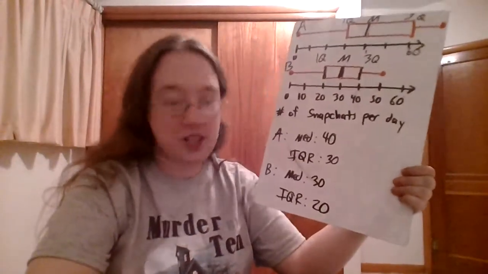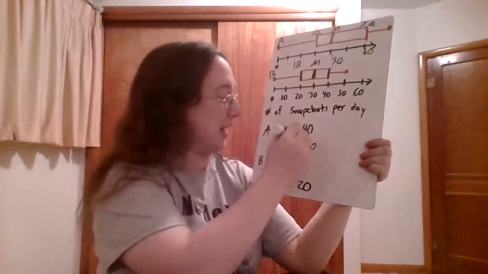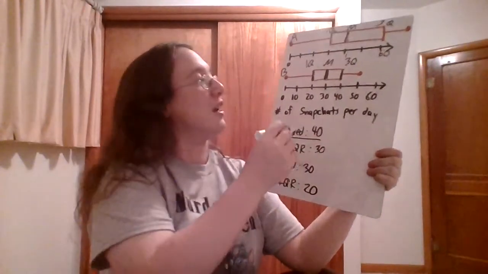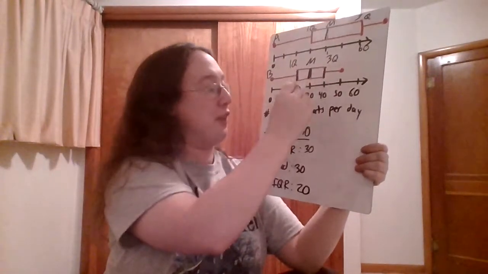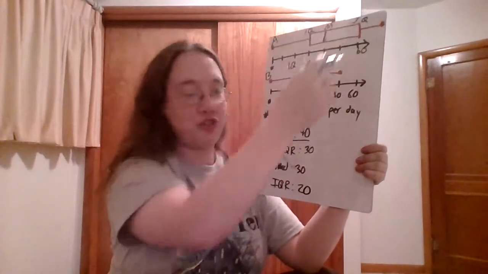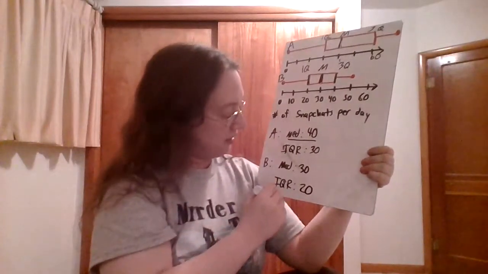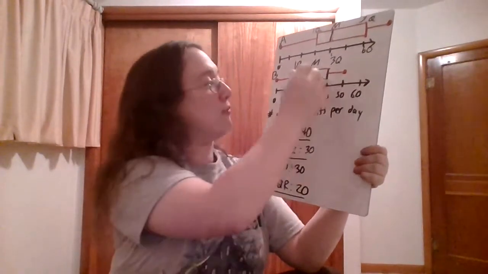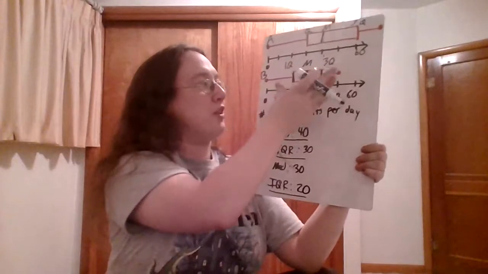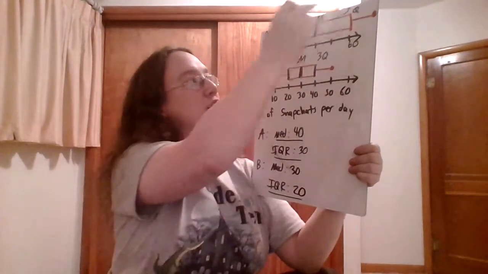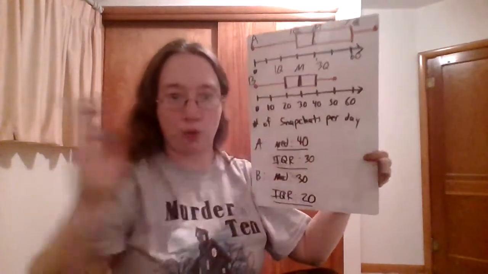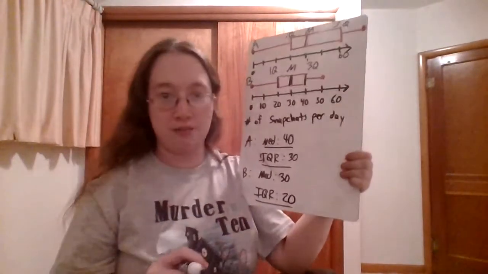Okay, so if we wanted to compare those, since group A has a higher median, most of the people in this group sent more snaps than this group, so this group had a higher snap rate. And our interquartile range is smaller here, so there's also not as big a spread in the number of snaps sent. So group A sent more snaps, and they also had a wider range in their number of snaps.